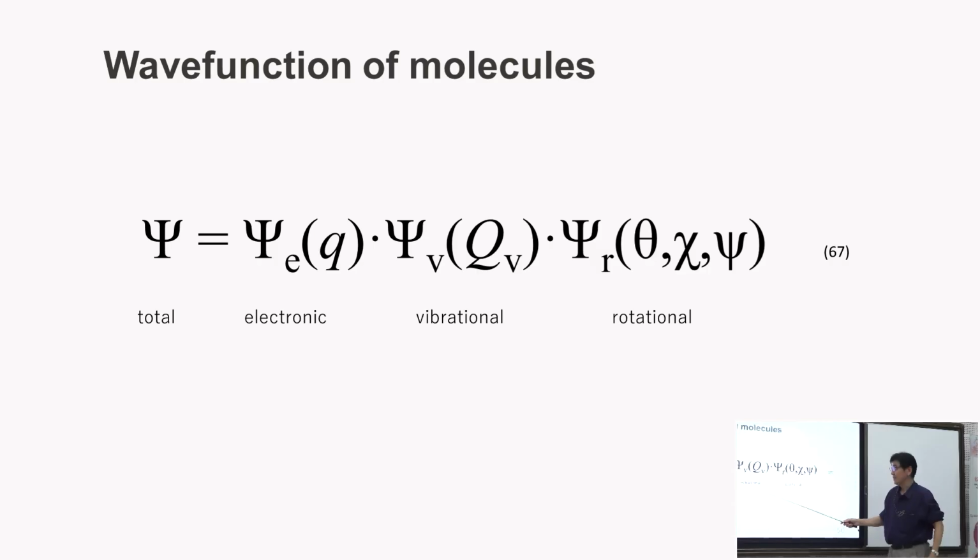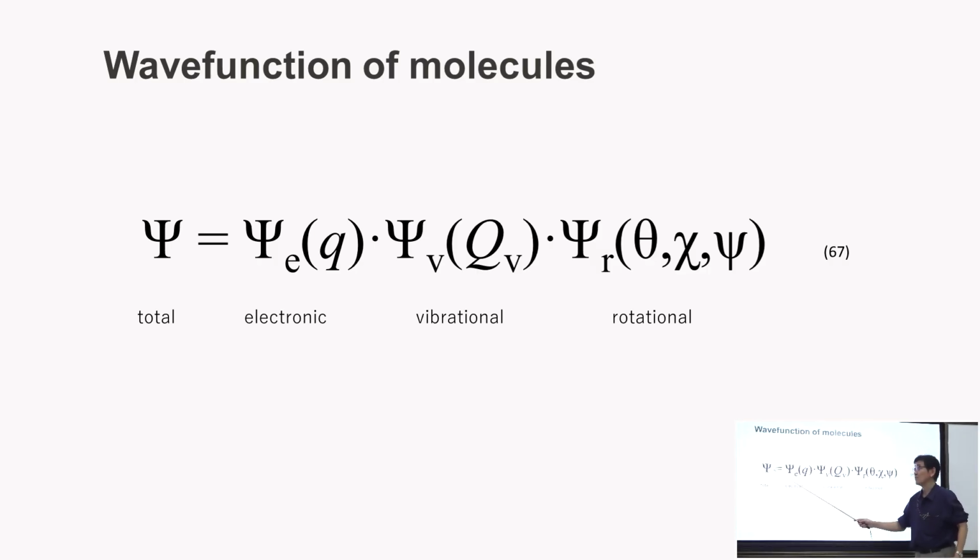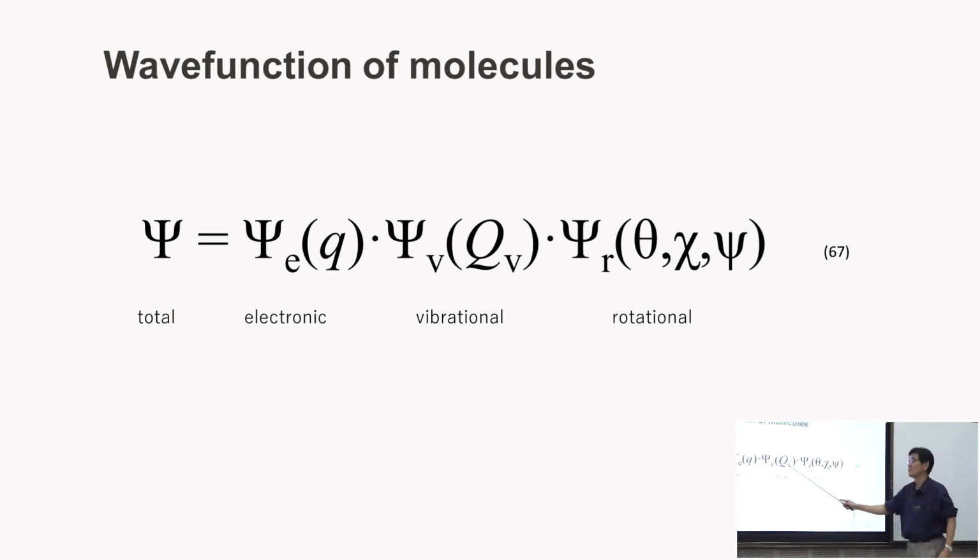It's a good approximation to separate the total wave function of the molecule into the contributions from the electronic part, vibrational part, and rotational part, right? So we can consider the behavior of the electrons by focusing on this part, vibration by focusing on this part, rotation by focusing on this part. It's a good approximation.